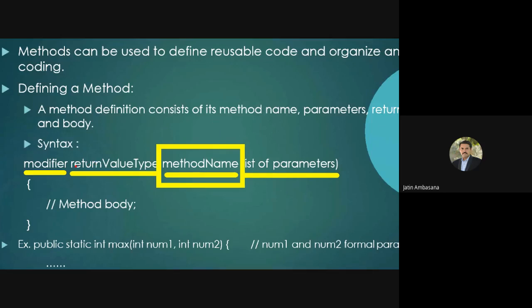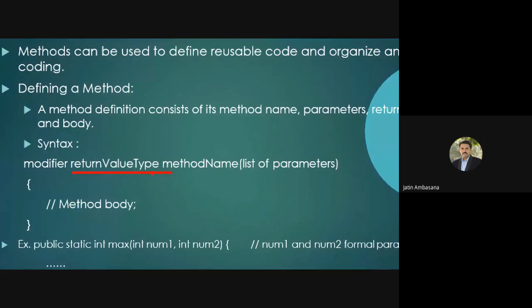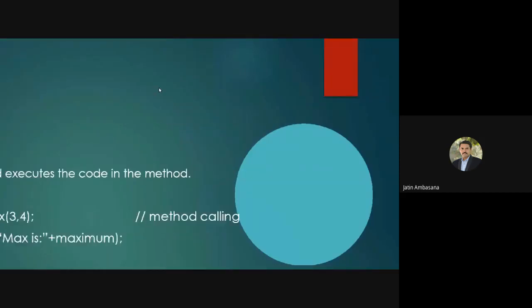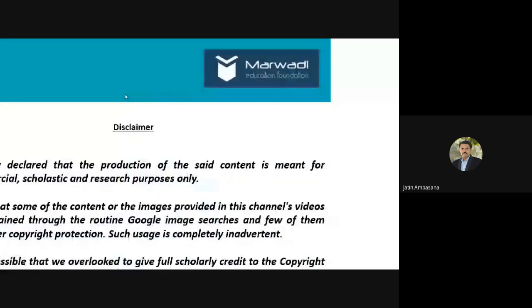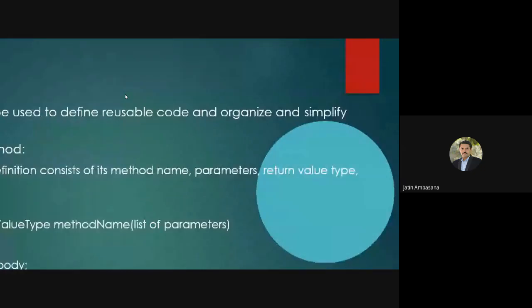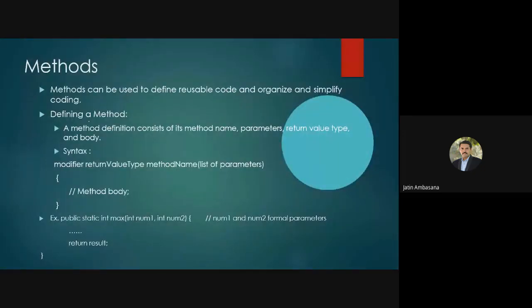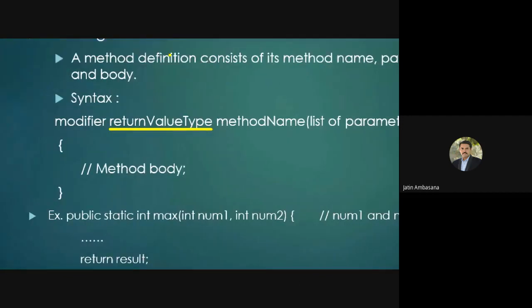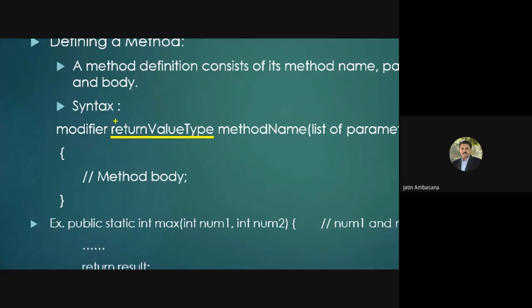Here also you can see in this return value type, the r starts with a small case letter, then V has an uppercase letter, and T has an uppercase character.